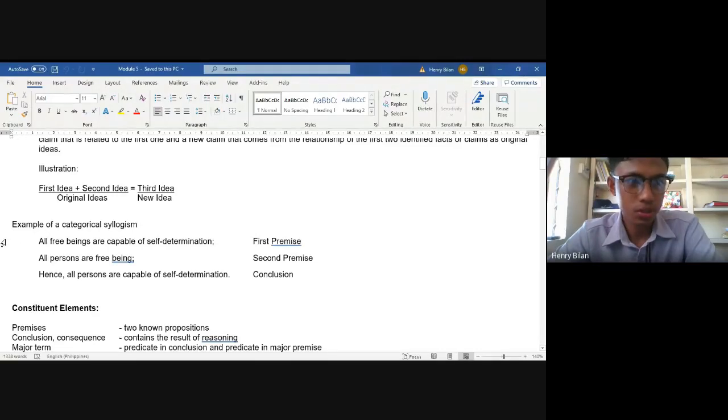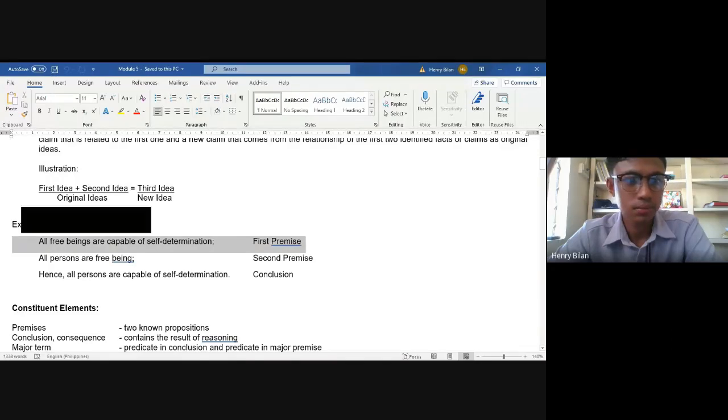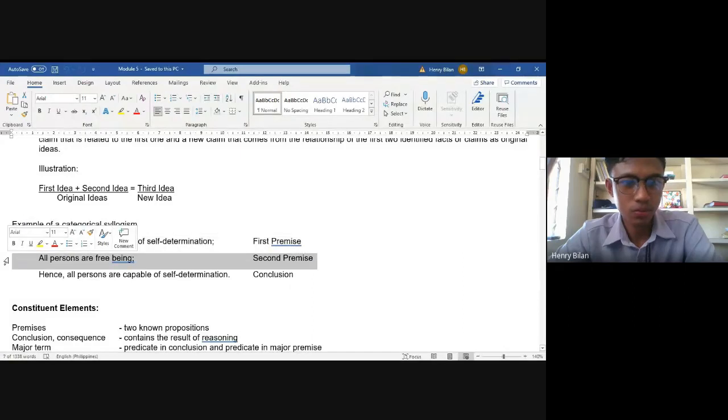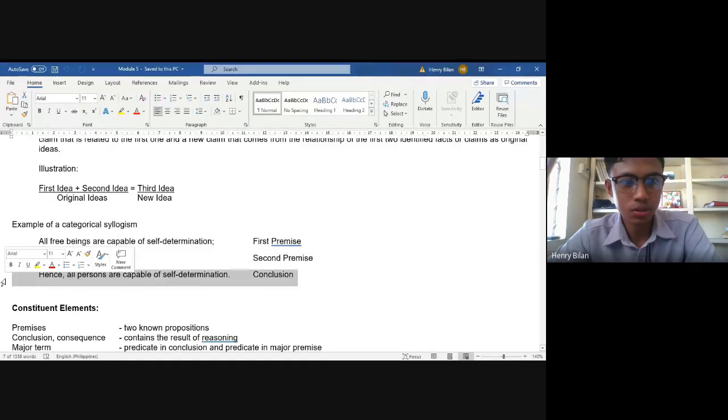This is the first proposition, the highlighted one, and this is categorical. Then we have the second proposition, which is the second premise, also a categorical proposition. And then the third proposition, which is also categorical and is called our conclusion. So this is an example of a categorical syllogism.